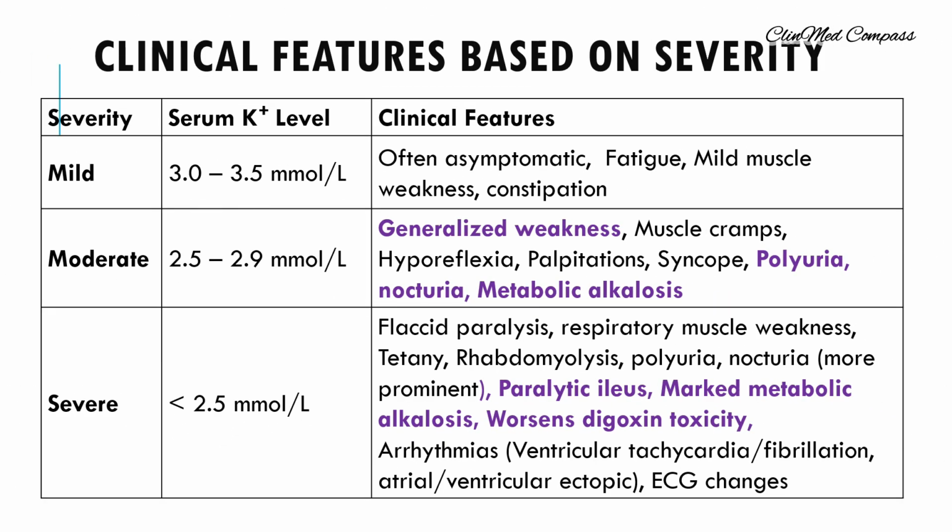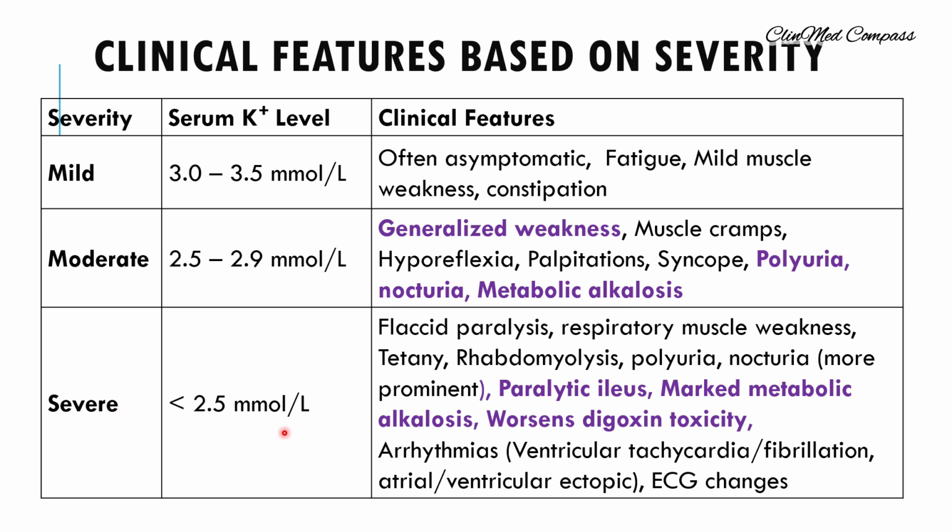The clinical features of hypokalemia can be outlined based on the severity, from mild, moderate, and severe hypokalemia with their respective features. In mild hypokalemia, they are often asymptomatic, but symptoms like fatigue and muscle weakness may occur. In moderate hypokalemia, we have generalized weakness, muscle cramps, hyporeflexia, polyuria, polydipsia, as well as metabolic alkalosis.